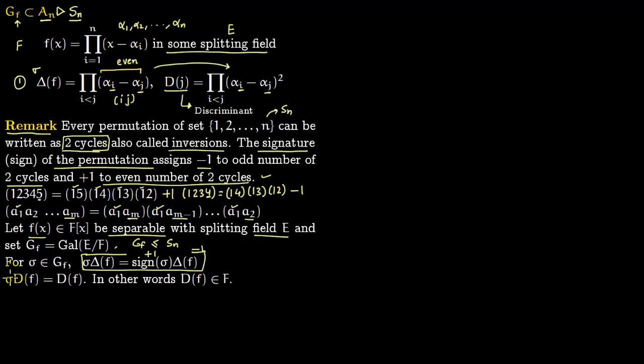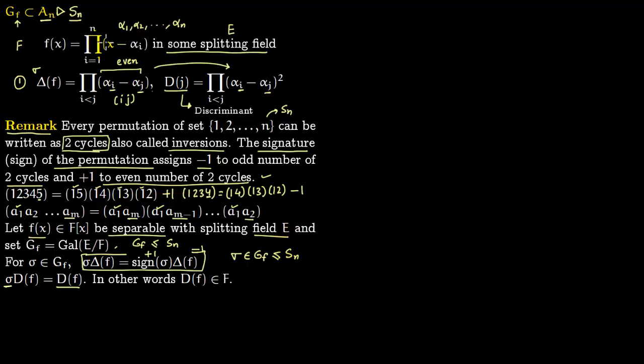On the other hand, if you apply this permutation to df, you just get df, because if you permute here, you will always get the sign as plus 1, because you have a square here. Once you permute, you get a negative sign, but then you have a square, so it gets plus 1. So this permutation fixes df. Notice that sigma lies in the Galois group, but we have shown that the Galois group is a subgroup of the group of permutations.